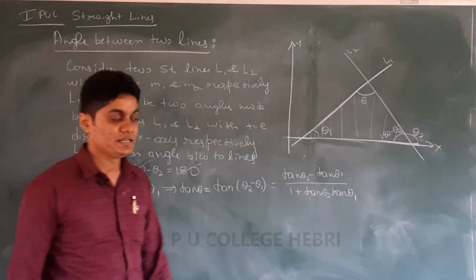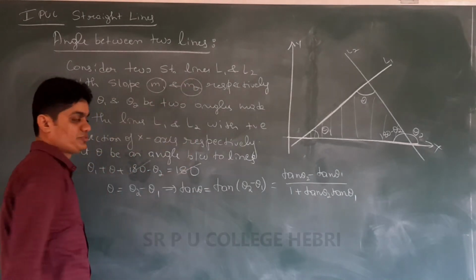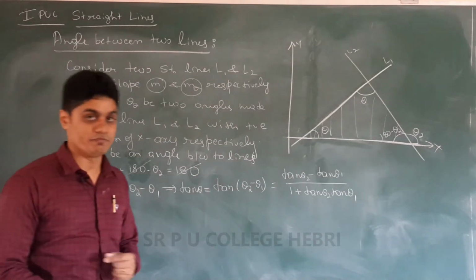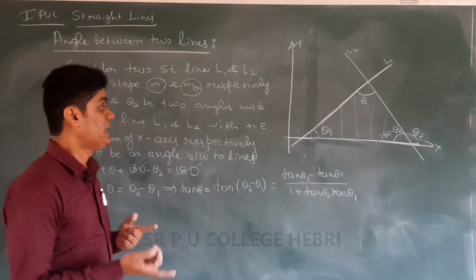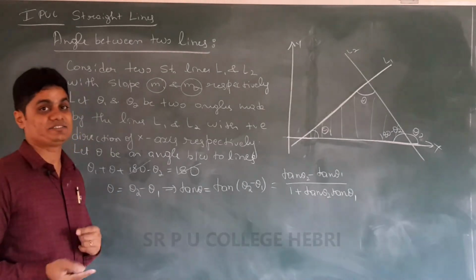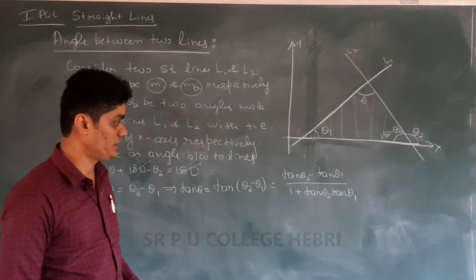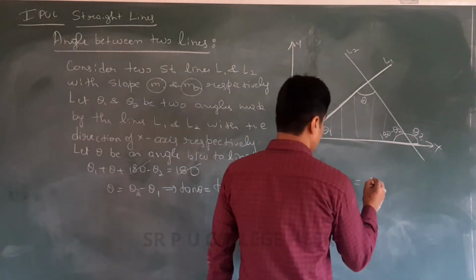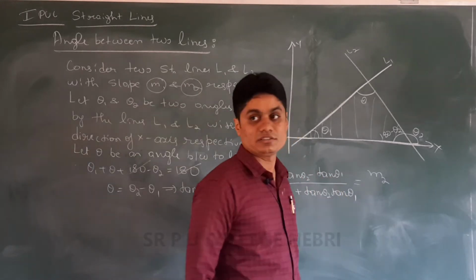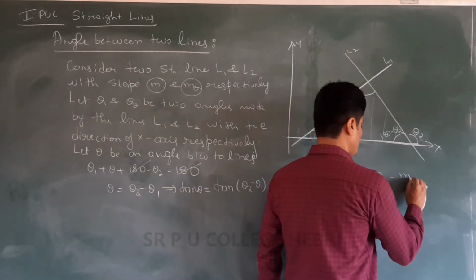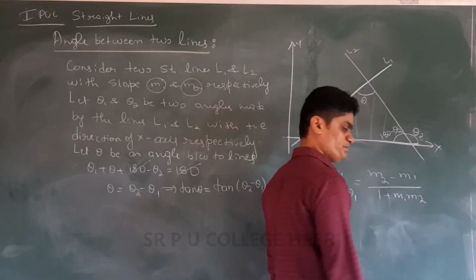Now observe carefully. If m1 and m2 are the slopes of the two lines, and theta 1, theta 2 are the angles made by the lines with the positive direction of the x-axis respectively, then tan theta 2 is nothing but the slope of the second line, m2, and tan theta 1 is the slope of the first line, m1.